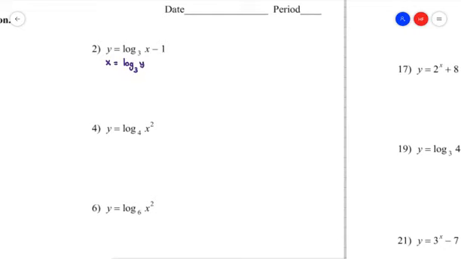So we're just switching our x and our y. And remember, we're solving for y. So I'm going to add this one over. Now if this was x minus 1 in parentheses, we could not separate it. Since it doesn't have parentheses, then we can separate it. So now we've got a log is equal to something, so we can convert to get that y by itself.